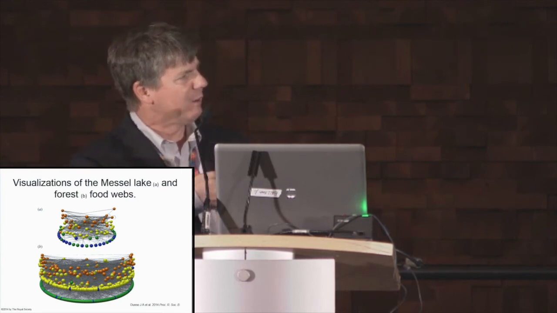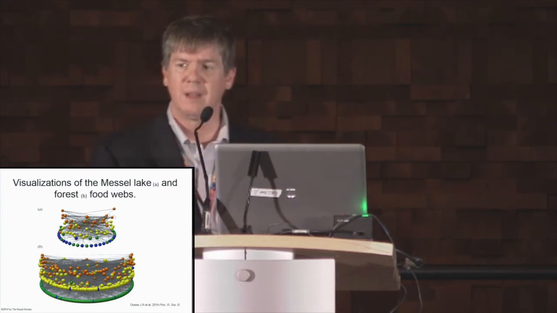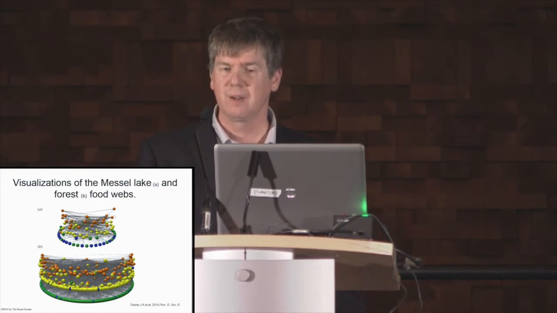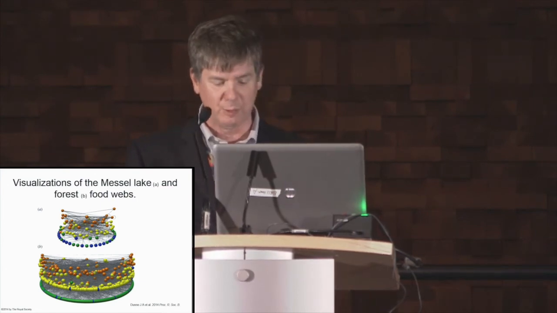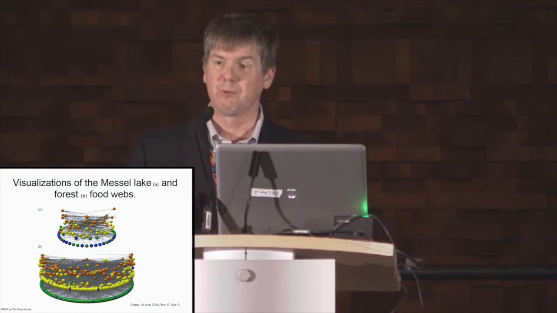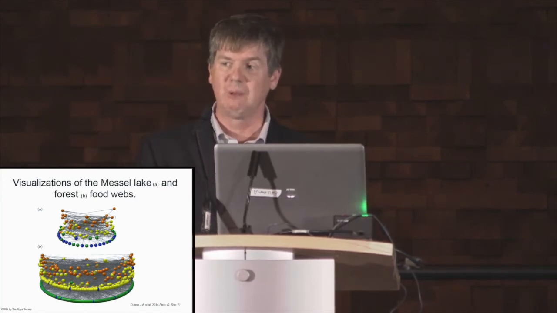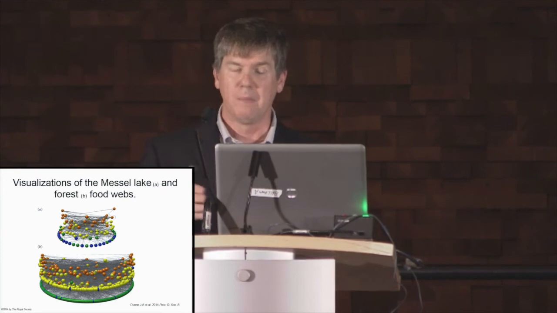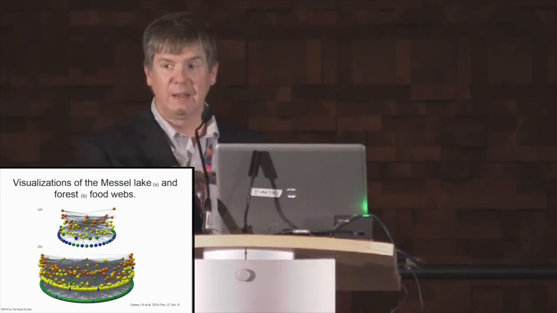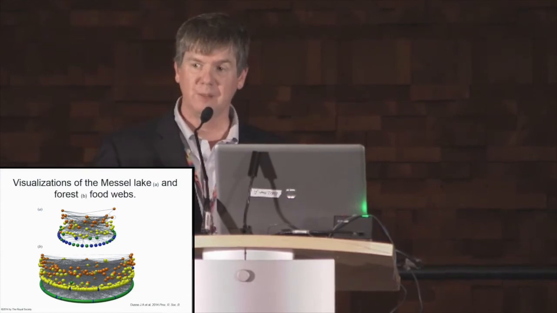This is about a 500-and-some-odd taxa food web here, simply to make the point that we can, in fact, reconstruct food web structure quite well, both in the modern record as well as within the fossil record. And doing this sort of thing both before and after these events will give us some insights into the nature of the structure of the web and how that web has changed as a consequence of the extinction.